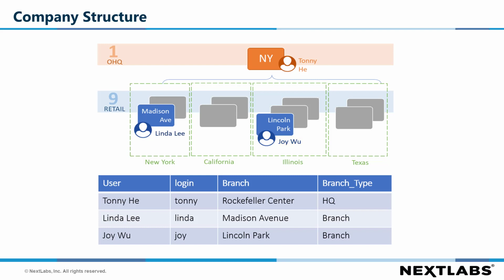These users are stored in a separate data store. This could be your Active Directory or any other identity provider. The users will contain the following attributes in the identity provider. These attributes will be used later when we make policies to control the access of these users.